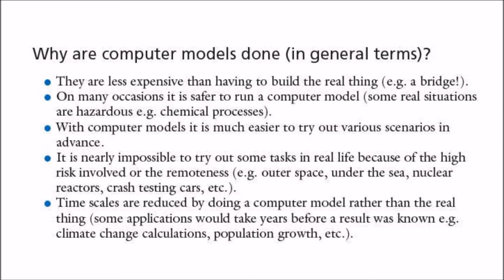Now, time scales are reduced by doing a computer model rather than the real thing. In some applications, it would take years before a result was known, like climate change calculation, population growth, and so on.